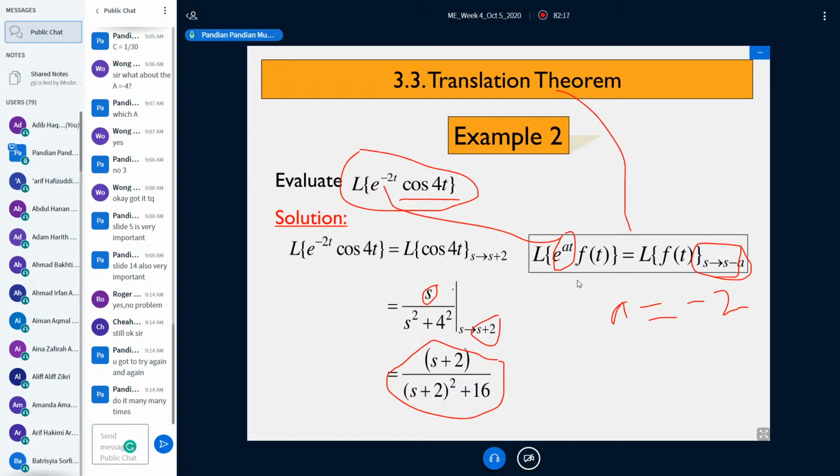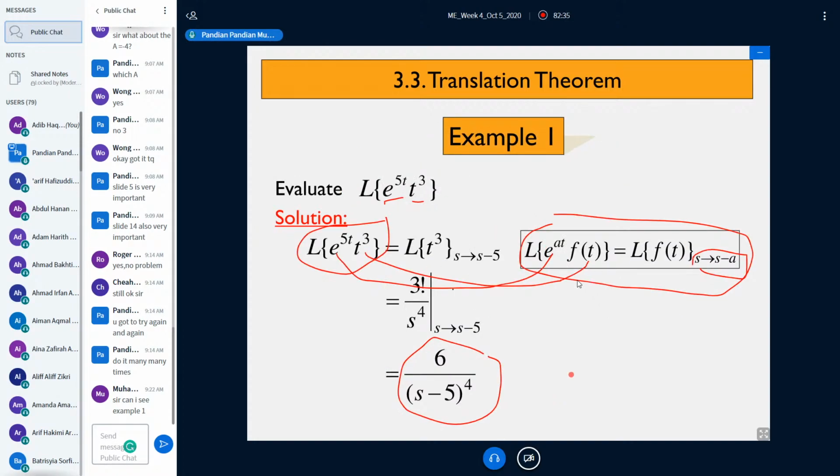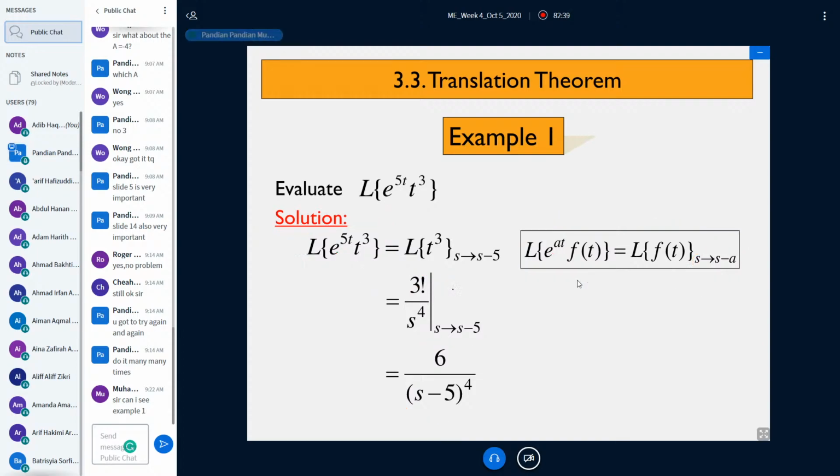Any questions, class? Can I see example 1? Yeah, what is the problem? Yes, Mohammed Shahilin, example 1.